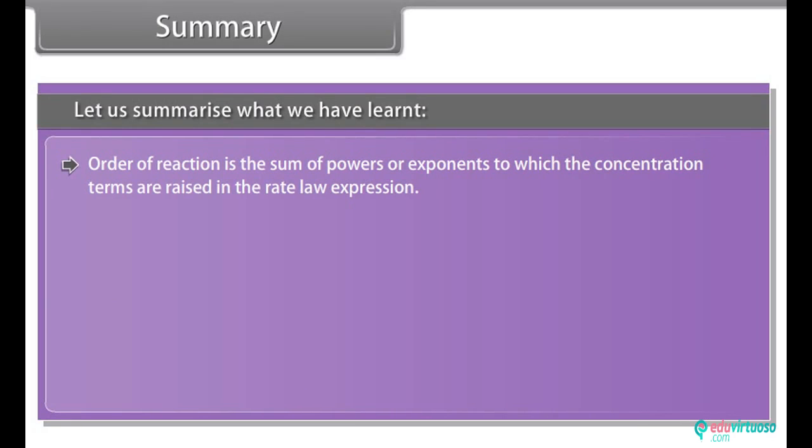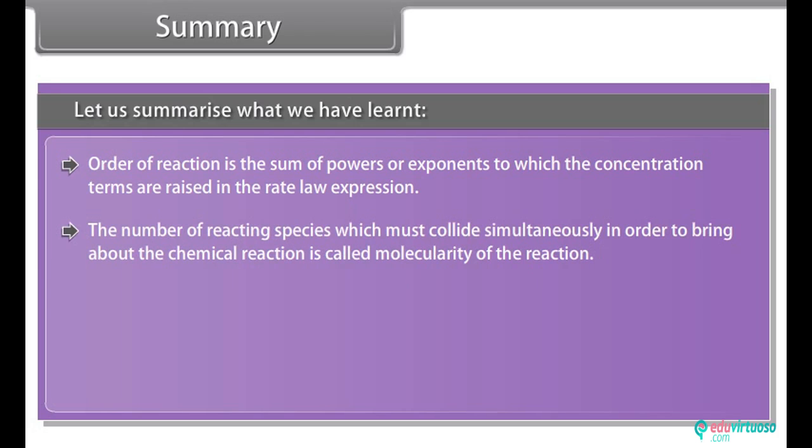Order of reaction is the sum of powers or exponents to which the concentration terms are raised in the rate law expression. The number of reacting species which must collide simultaneously in order to bring about the chemical reaction is called molecularity of the reaction.